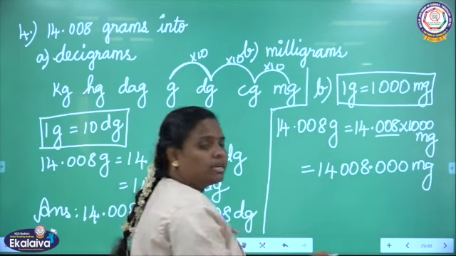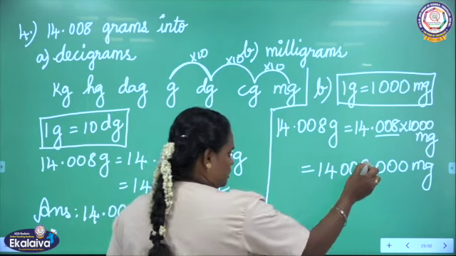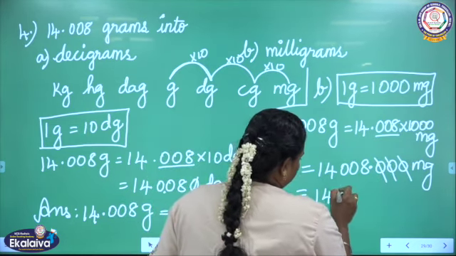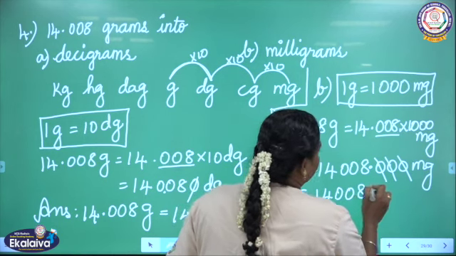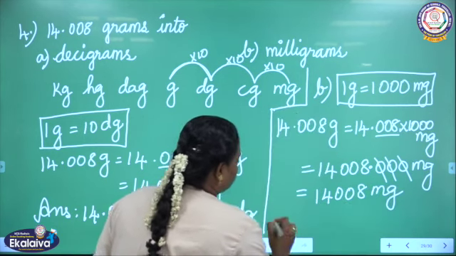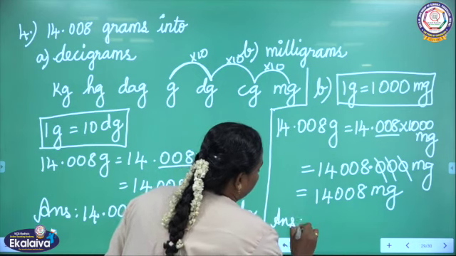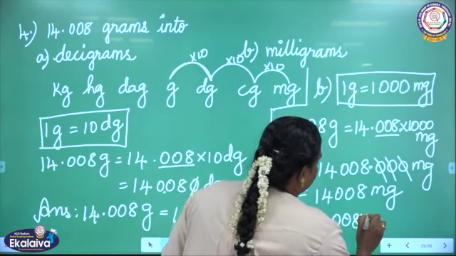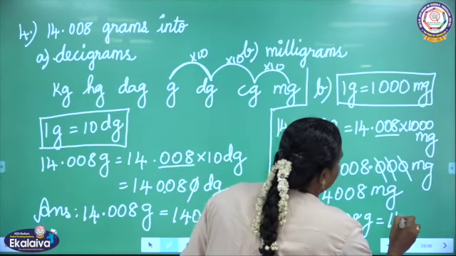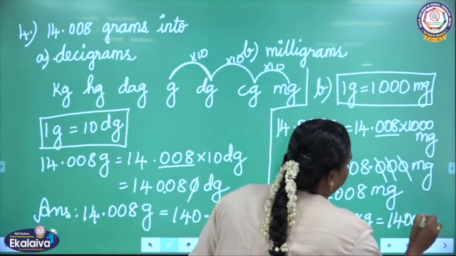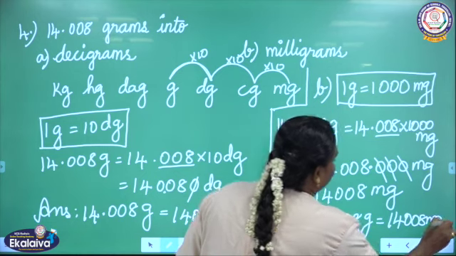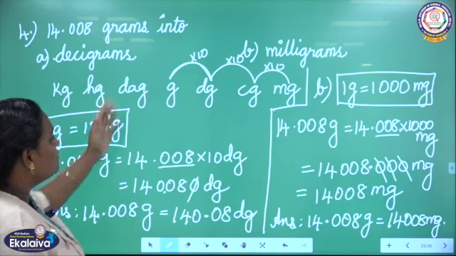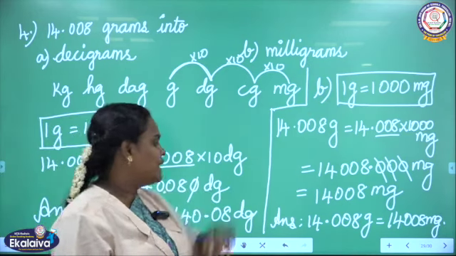Listen here, only after the decimal, only the zeros, so you can take away all the zeros. So the answer is 14.008 gram equal to 14,008 milligram. We have converted gram into decigram and gram into milligram.